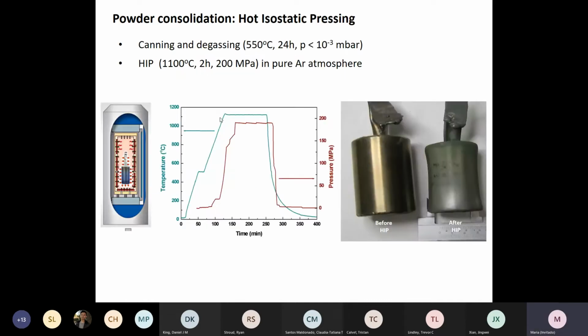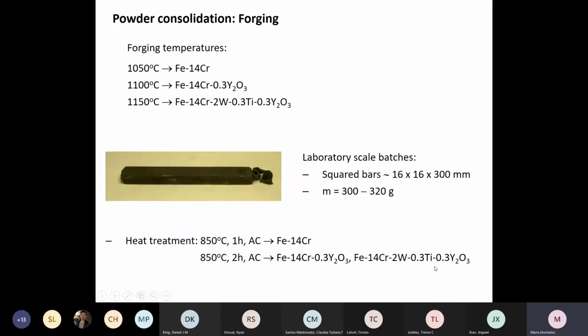After that, we consolidated the powder by hot isostatic pressing. We first need to can and degas the powder to avoid the presence of any porosity, and we submit it to hot isostatic pressing at high temperature in an argon atmosphere. And this is how the can that we use looks before and after the process.